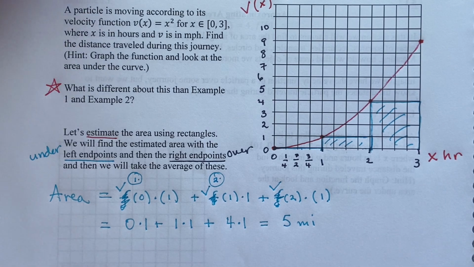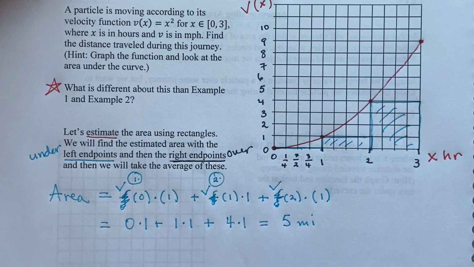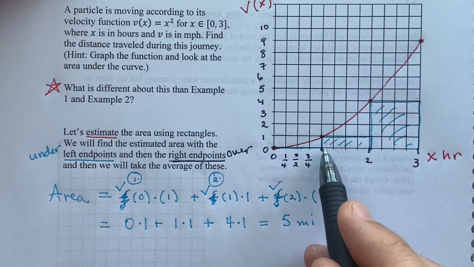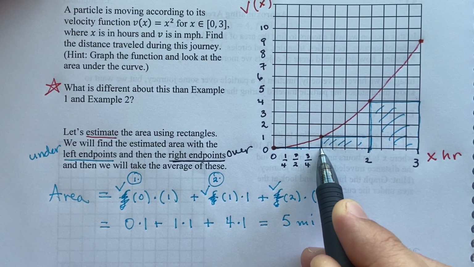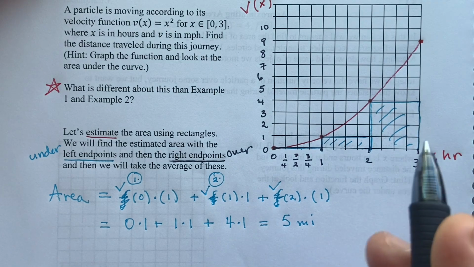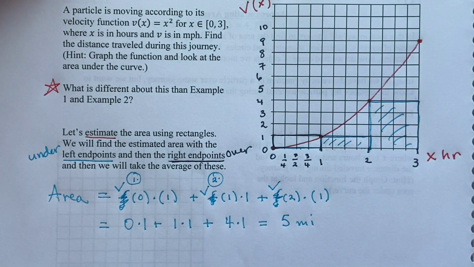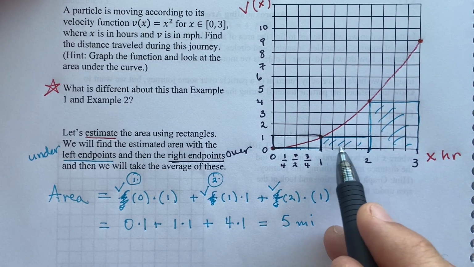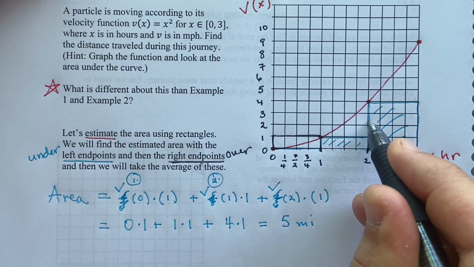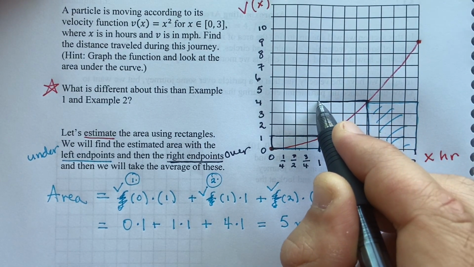So that's our underestimate. For the overestimate, those are right endpoints. So what we do for that is, here's my same interval. I then go to the right of that interval. I go up until I hit the function, and then I make a rectangle to the left. So here's my second interval. I go to the right endpoint, I go up, and then I make my rectangle to the left.